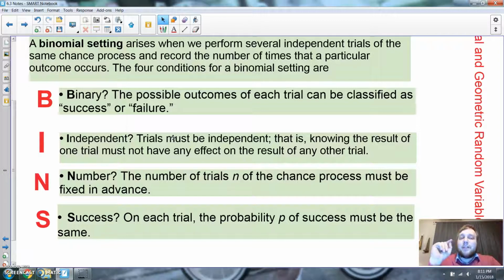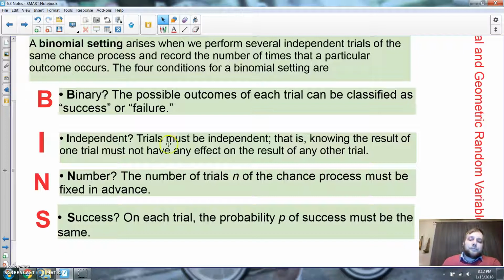Binomial has to have a set number before we start. For instance, maybe we want 6 trials. If we do it 6 times, what's the probability it'll happen 4 of the 6 times? There has to be a set number. It can't be just, what's the probability it'll happen 4 times? Out of how many? You need to have a set number.